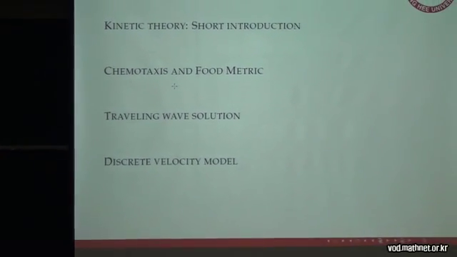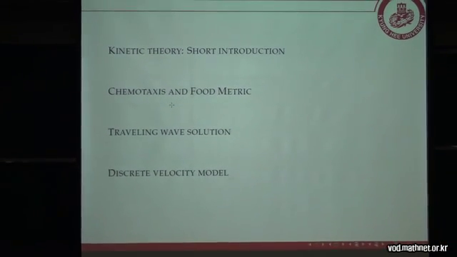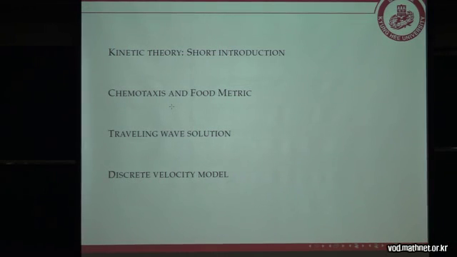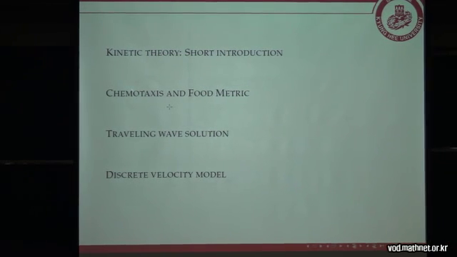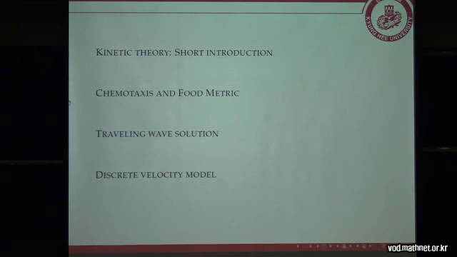Next, I will explain the photometric idea, and then we can derive a simple chemotaxis equation, and for this equation we can find a traveling wave solution. And then finally, let me show you a discrete velocity model.